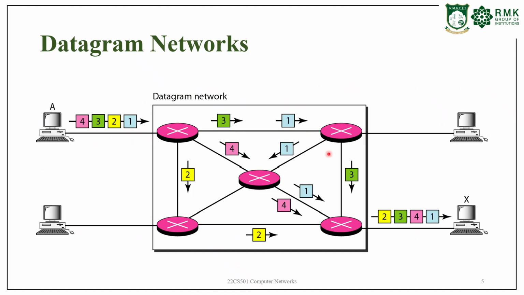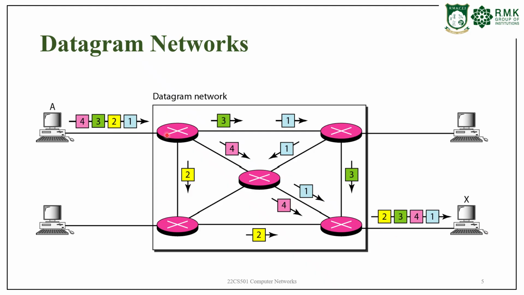Consider this. Here, A is the sender, X is the receiver. A wants to transmit the data to X. So the whole data is divided into datagrams. Here, 4 datagrams: 1, 2, 3, and 4. Here, we are having so many paths. That is, this router to this router, this router to this router, and destination.